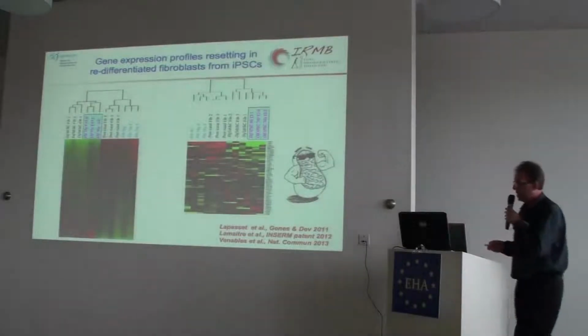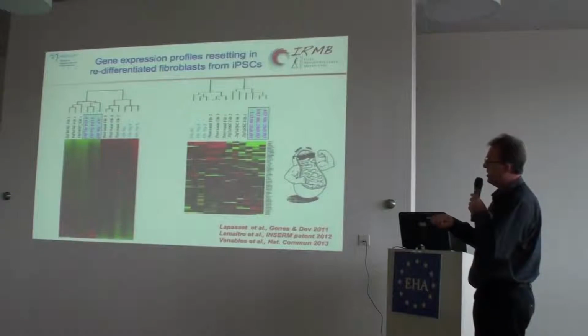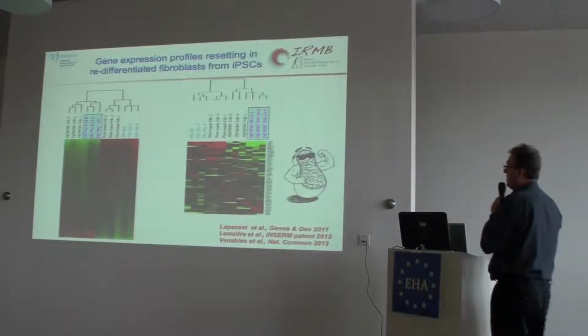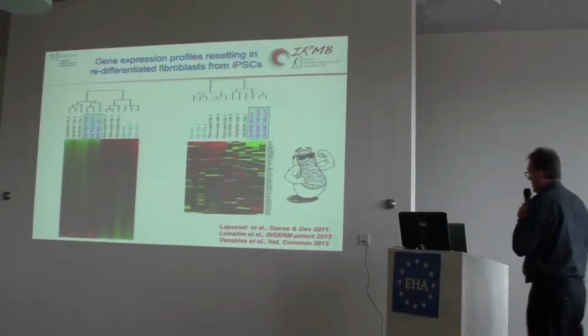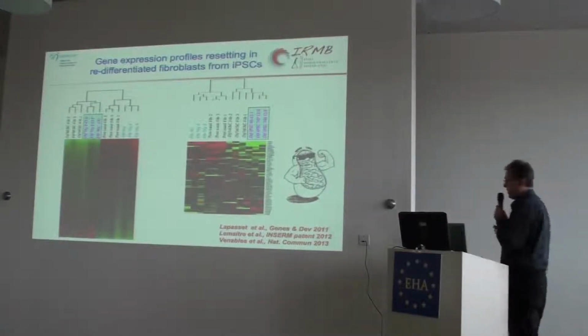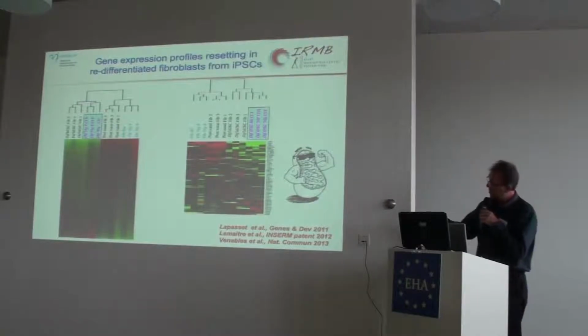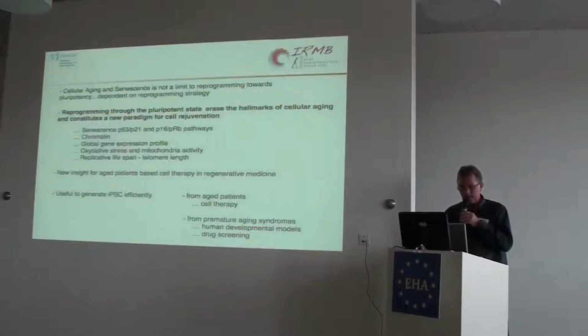If we look at the transcriptome of redifferentiated cells compared to human embryonic stem cells redifferentiated into fibroblasts, we observe that they cluster, indicating that the gene expression profile corresponds to a young cell, and it was also equivalent for genes involved in metabolism.